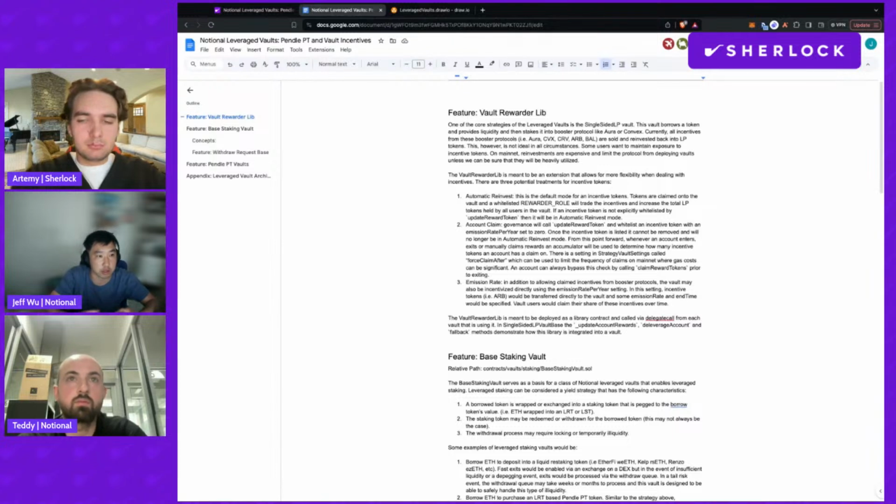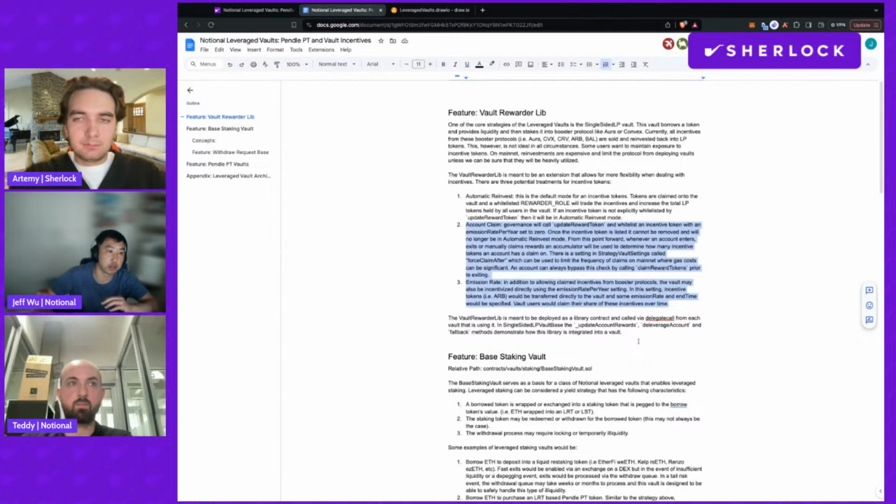Some users pursue these strategies because they like the BAL token, or they want exposure to the CRV token. Third, we've also seen instances where protocols want to directly incentivize engagement in these vaults without having to incentivize through Aura or Convex. The extension here with the Vault Rewarder Lib allows us to do that.